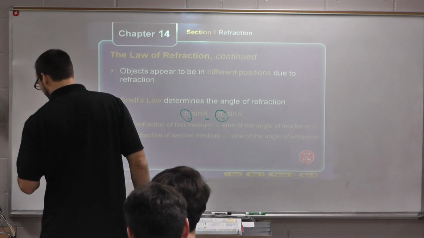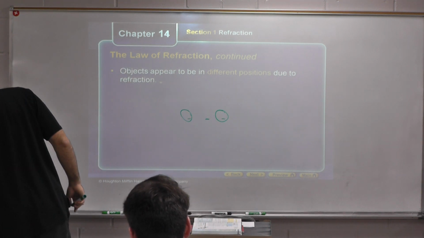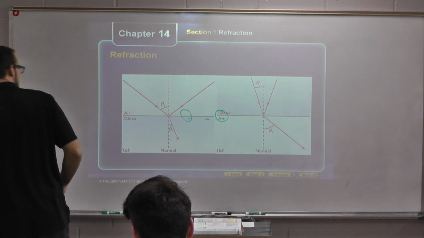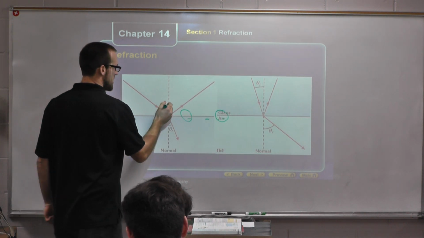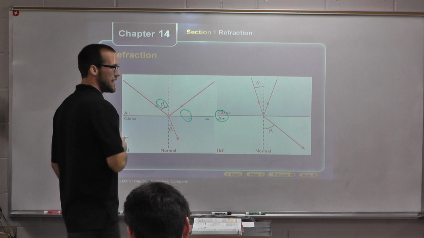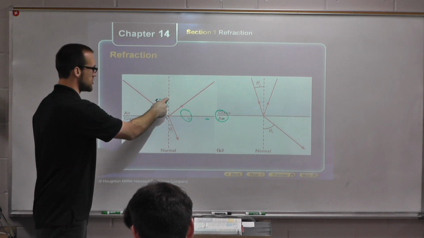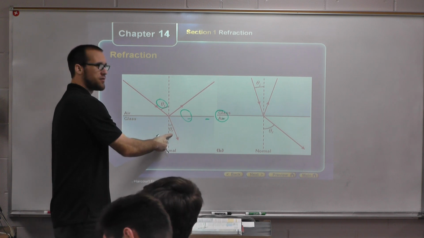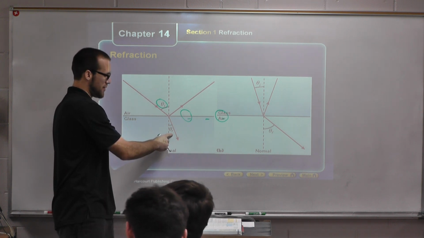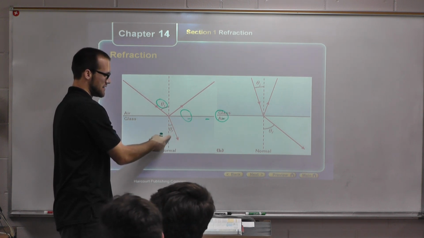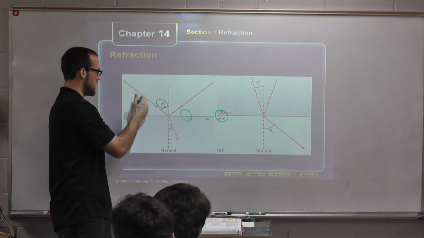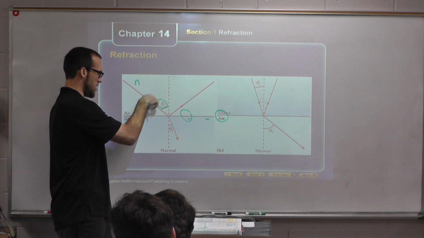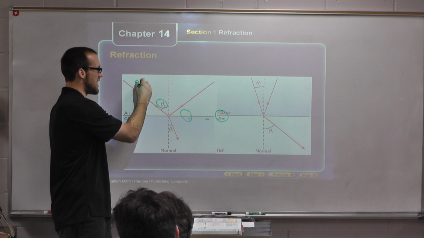So if I were to go back, this would be my incidence angle, the angle between the normal and my light ray. This would be my refracted angle, the angle from my refracted light to my normal. And whatever the N is for air would be Ni.